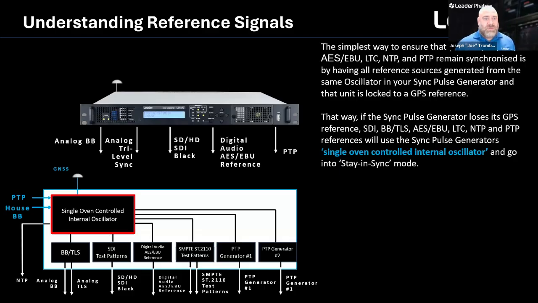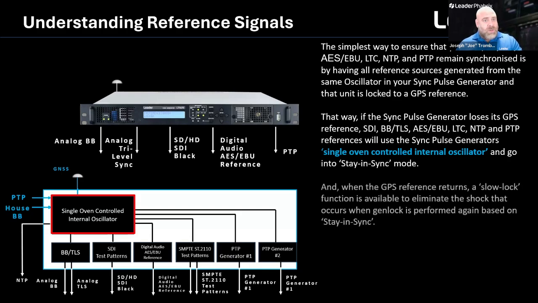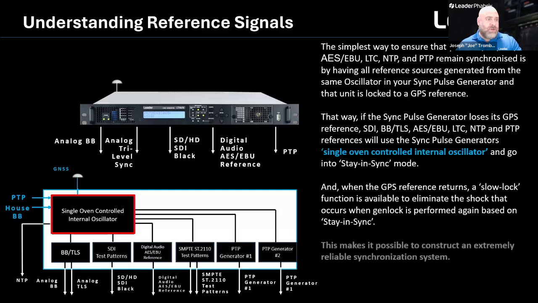It's equally important that when GNSS returns, slow lock prevents a disruptive regen lock event. That's the kind of detail that matters in real facilities, because recovery behavior can be as dangerous as the initial fault. So the way to think of this is one timing heart, many outputs, shared holdover, and controlled recovery.